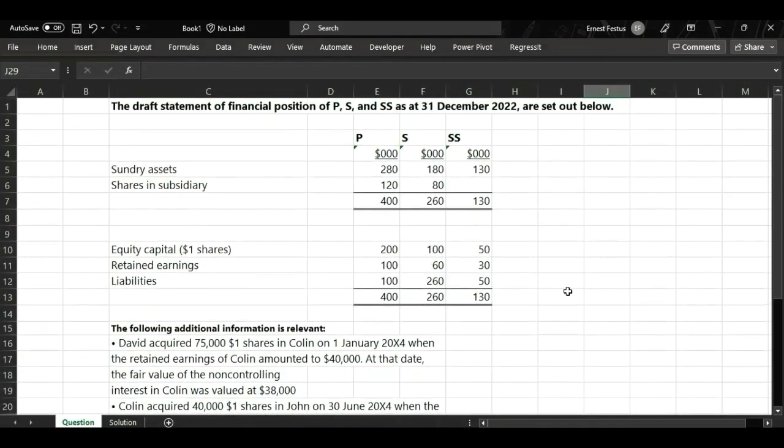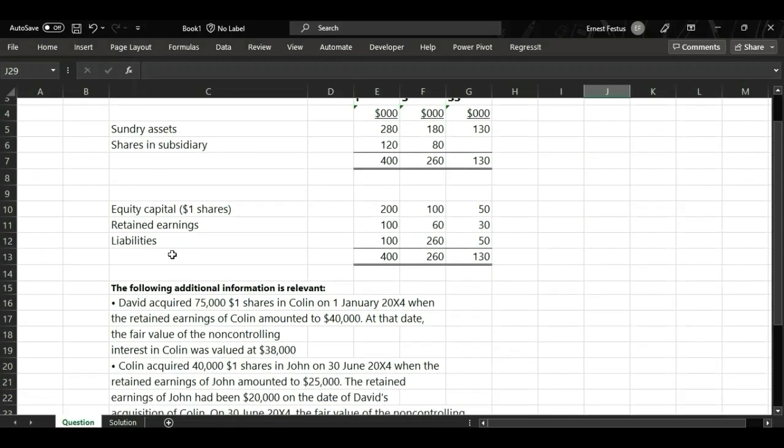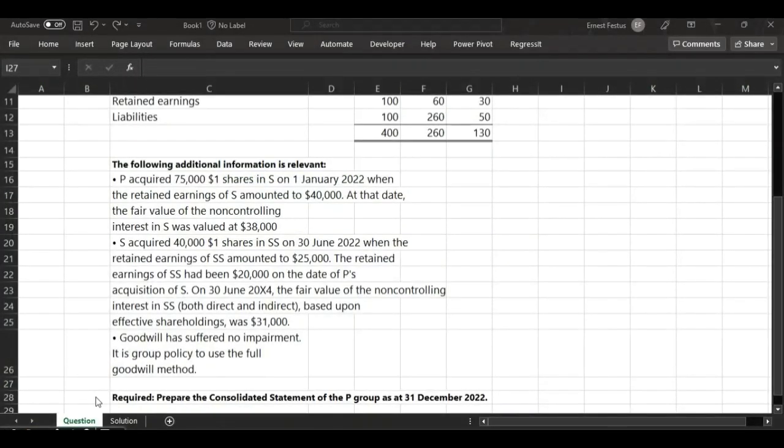In this particular question, we have the statements of financial position of P, S, and SS drafted as below. We have sundry assets, shares owned in the subsidiaries, equity capital, retained earnings, and then liabilities.